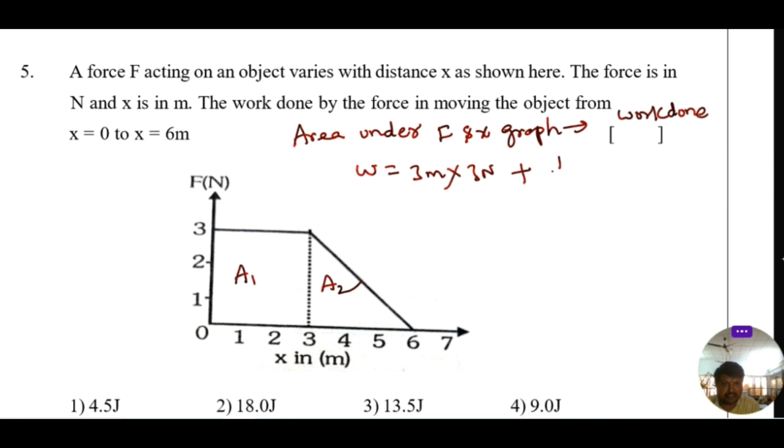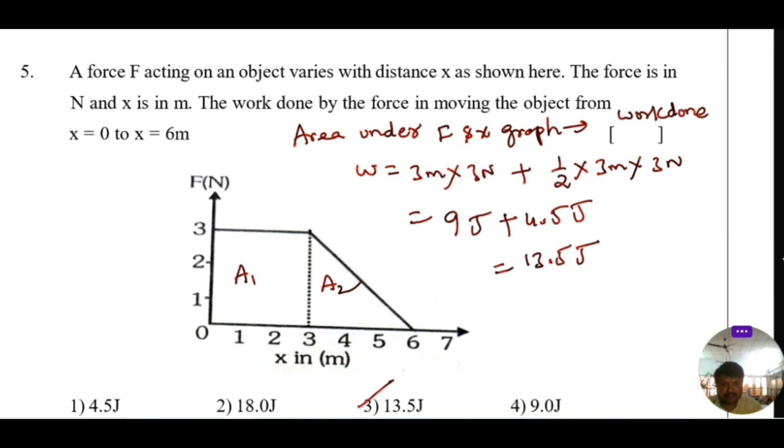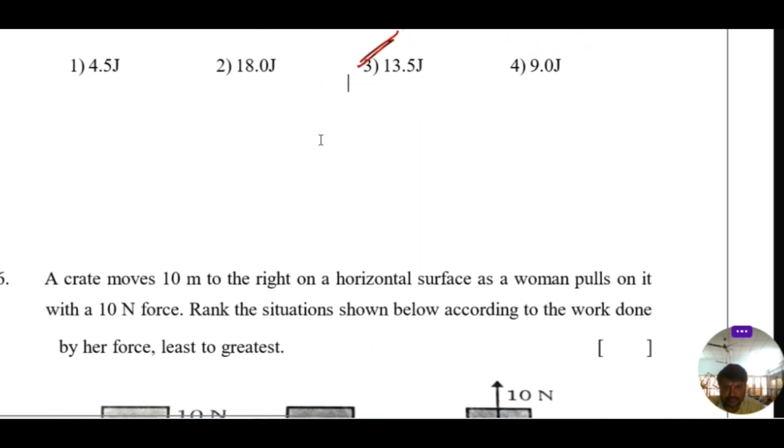So area of triangle is half into base. Base 3 to 6, that is 3 meter. Height 0 to 3, that is 3 Newton. So 3 into 3, this is 9 joule, plus 9 by 2, that is 4.5 joule, that is equal to 13.5 joule. 13.5 joule is the right answer. Next go to the sixth question.